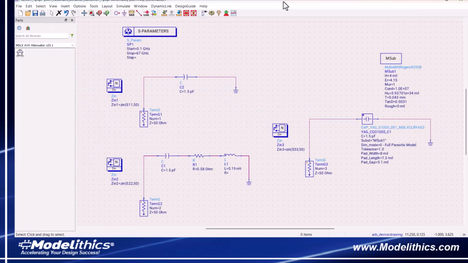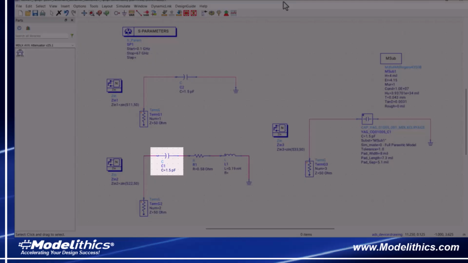To demonstrate, let's look at this simple project in Keysight ADS. Here we have an ideal 1.5 picofarad capacitor model. We also have a simplified model of a real-world 1.5 picofarad capacitor. This simplified real-world capacitor has a nominal capacitance of 1.5 picofarads, along with an ESR of 580 milliohms and an ESL of 0.19 nanohenries.